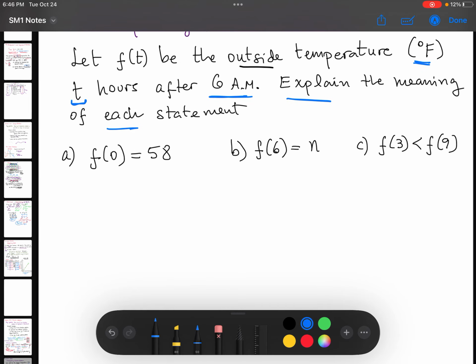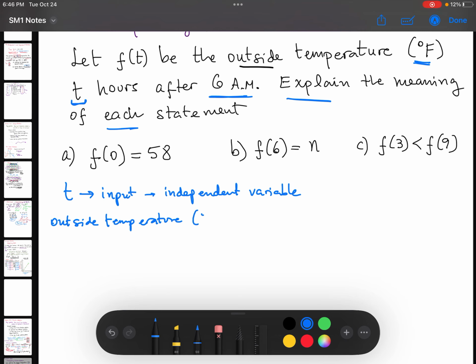So for our context, T is the input and it is also the independent variable. This is one thing, all right? We also take into account that the outside temperature, which by the way is represented in Fahrenheit degrees, is our dependent variable.